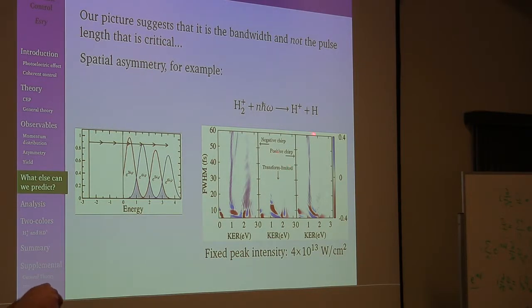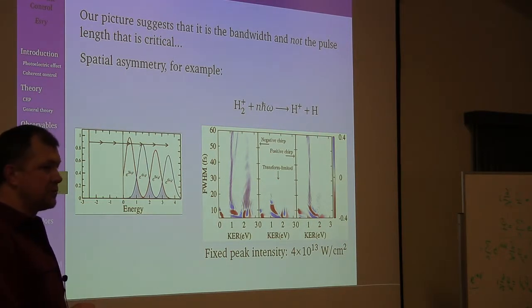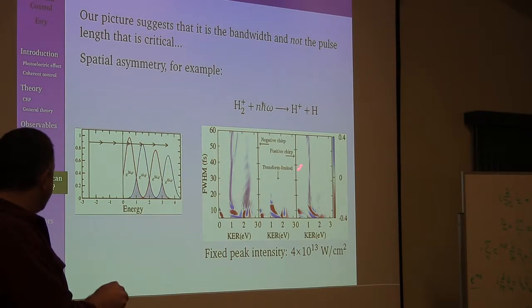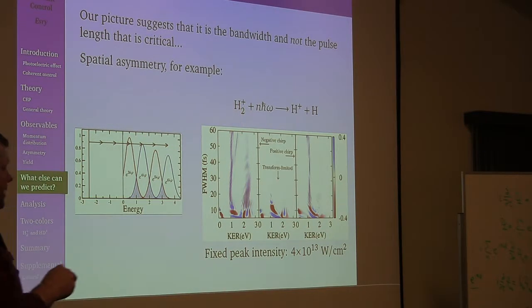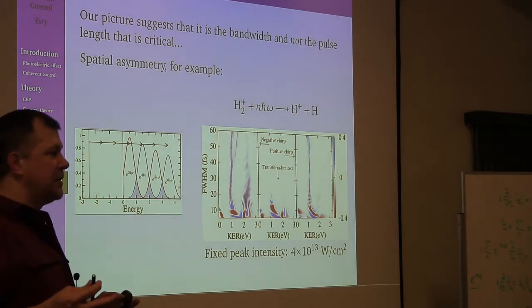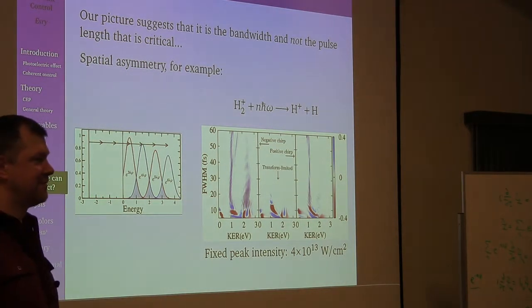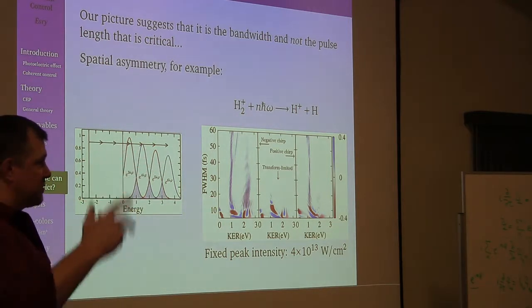But if you positively chirp the pulse, but keep the bandwidth equal to a 5 femtosecond transform limited pulse, then you can see CE phase effects all the way out to 60 femtoseconds. Okay? And if you negatively chirp them, you can also see CE phase effects out to 60 femtoseconds. Okay? And this is 800 nanometer light, so 60 femtoseconds is how many cycles? 2.5 femtoseconds per cycle.